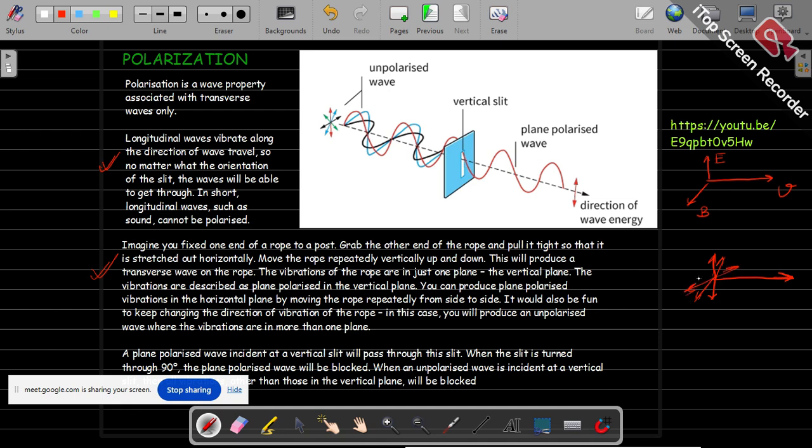See, it could oscillate in this plane, it could oscillate in this plane, not this one. See, it could oscillate in this plane as well. All these planes are still at 90 degree with the direction of wave travel, right?